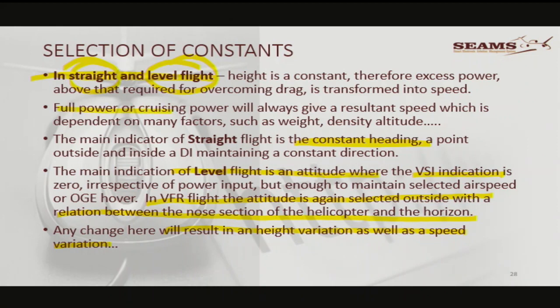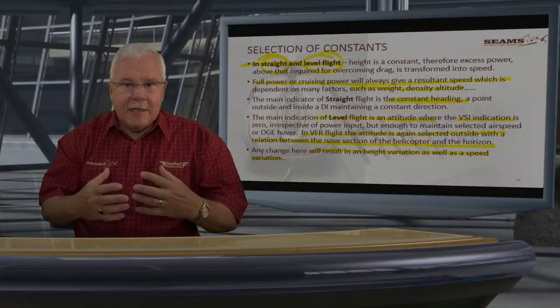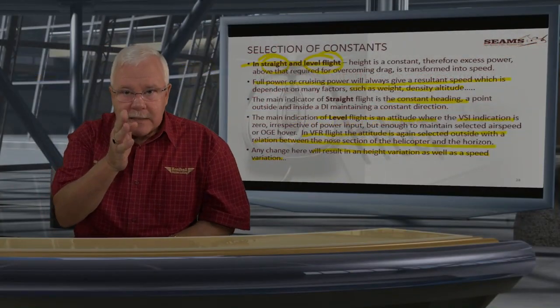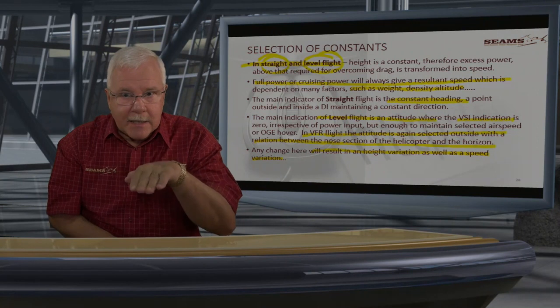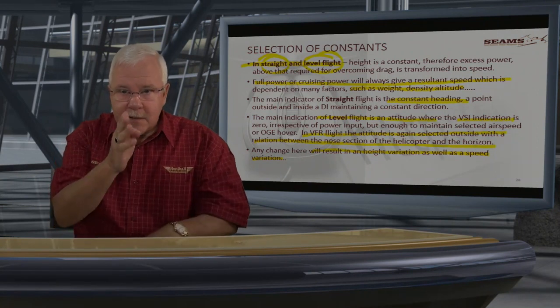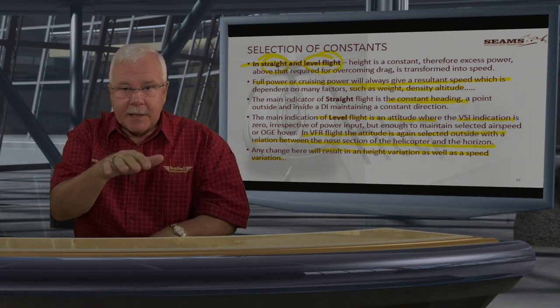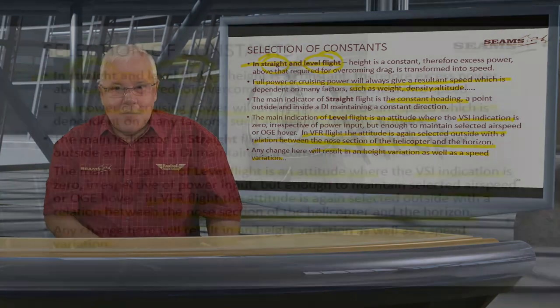Cruise power will always give a resultant speed which is dependent on many factors. The point is that straight and level says, I want to maintain a certain heading and I want to maintain a certain height. That is straight and level, not climbing. All right? That's what it means.